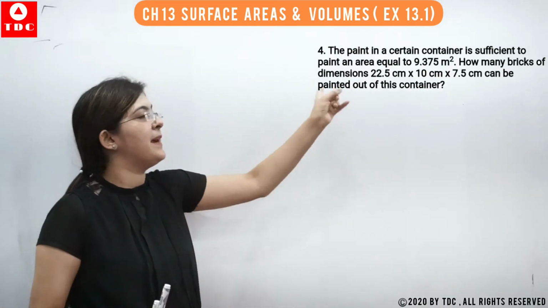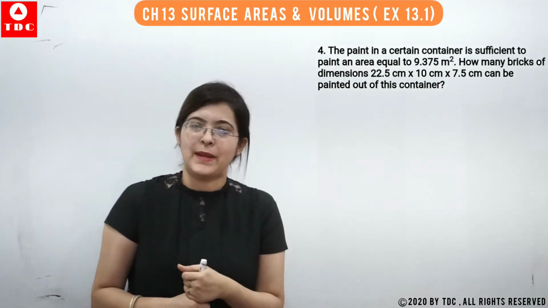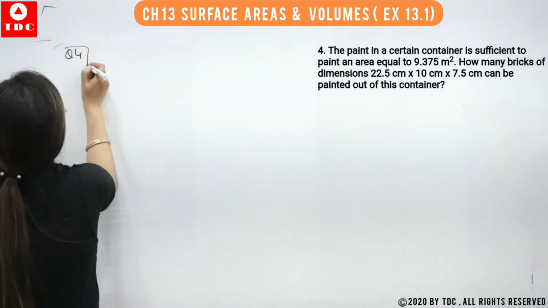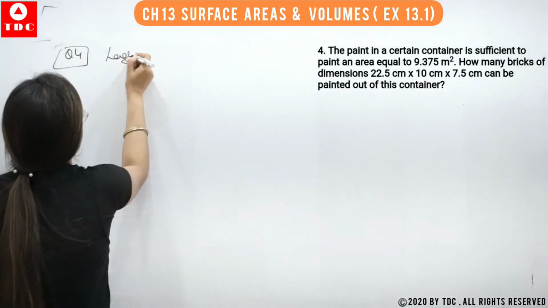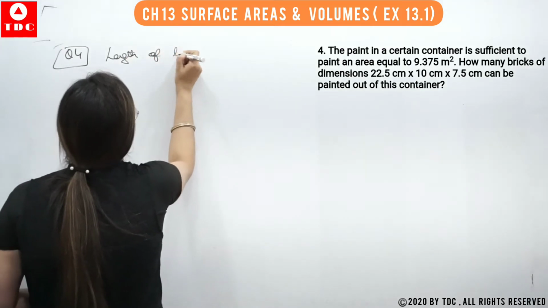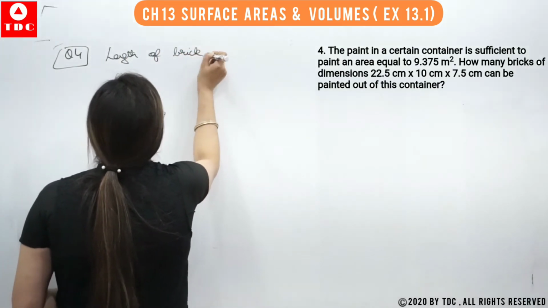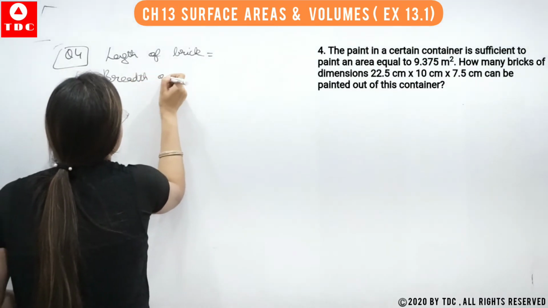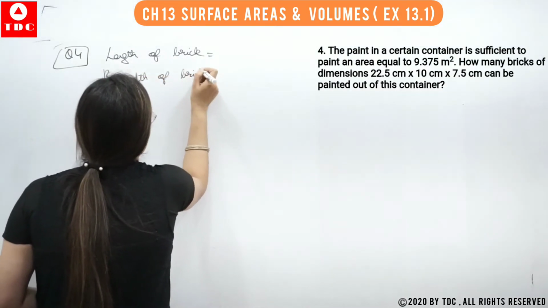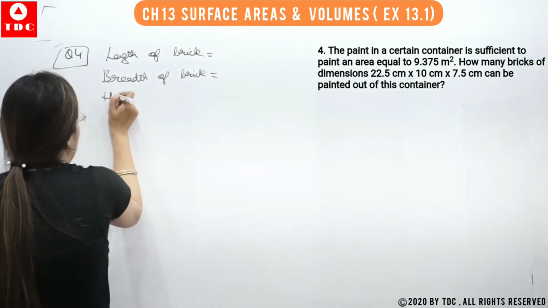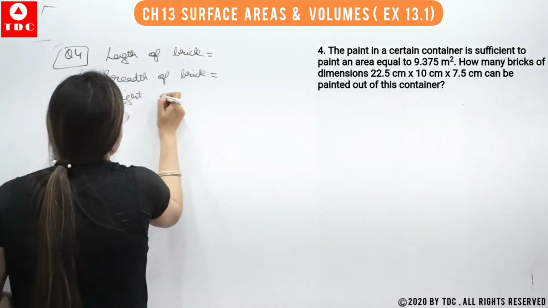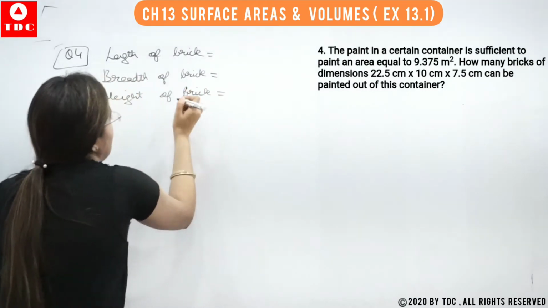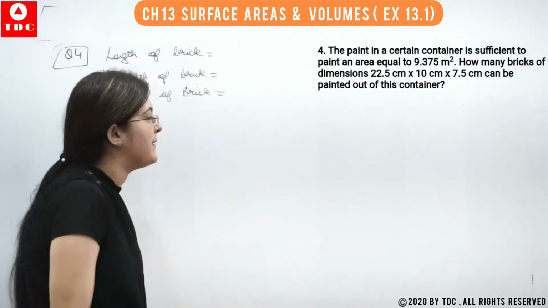And the length, breadth and height of the bricks are given. So let's see how to solve this. First of all, we have to write that the length of the brick is given, the breadth is given, the height is given, and the total area to be painted is given.